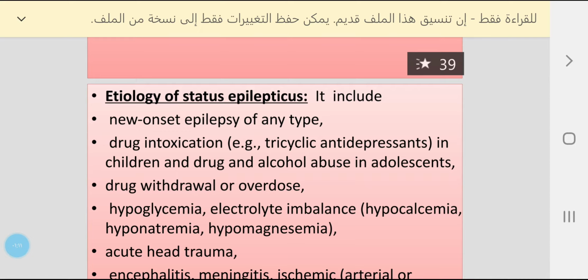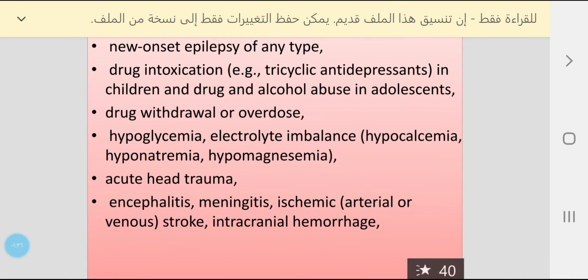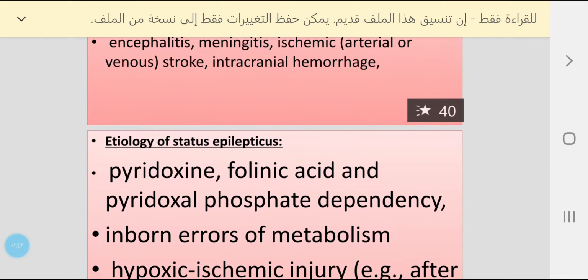Etiology of status epilepticus. It includes new onset epilepsy of any type, drug intoxication, for example, tricyclic antidepressant in children, and drug and alcohol abuse in adolescents, drug withdrawal or overdose, hypoglycemia, electrolyte imbalance, like hypocalcemia, hyponatremia, hypomagnesemia, acute head trauma, encephalitis, meningitis, ischemic, arterial or venous stroke, intracranial hemorrhage.